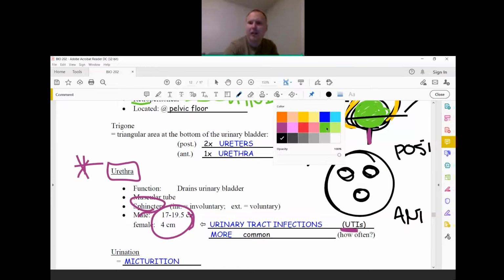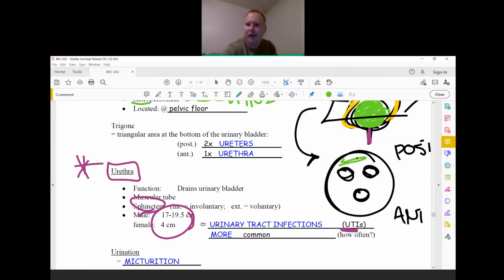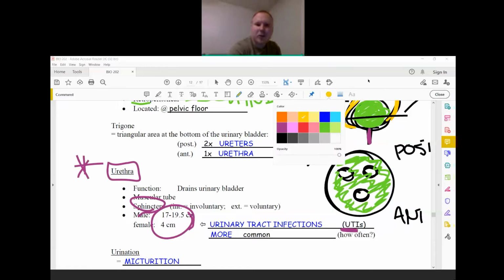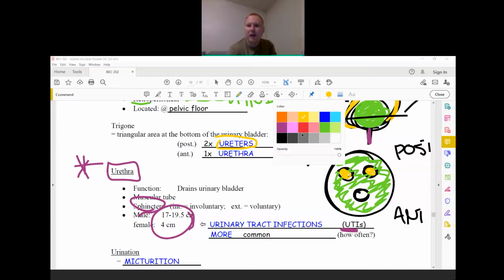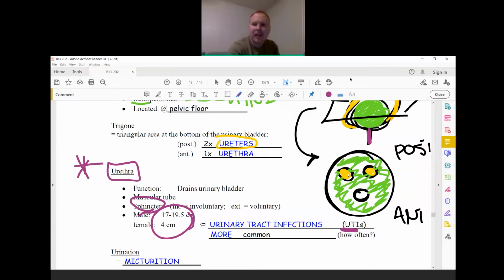Let's color in our urinary bladder floor. That's good enough coloring for now. What we see is that more posteriorly, towards the back, we see our 2 ureters. Notice that ureters enter the urinary bladder from the base, not from the top, as students sometimes think. And then we have the one opening for the urethra more anteriorly.